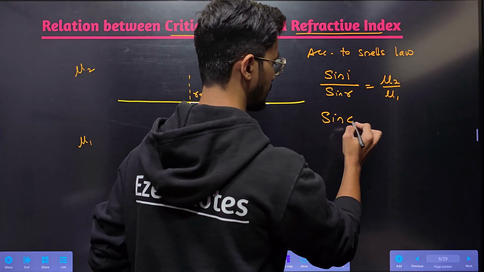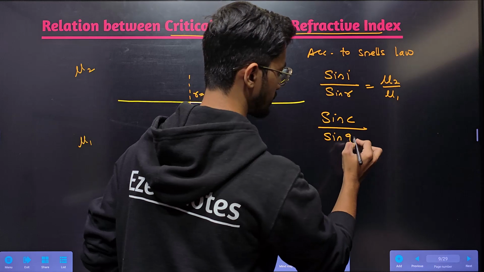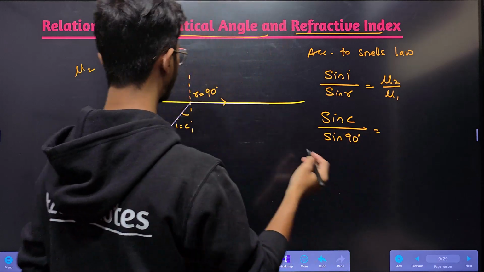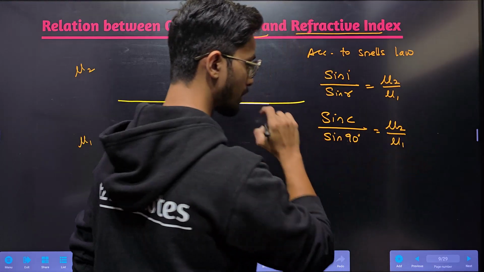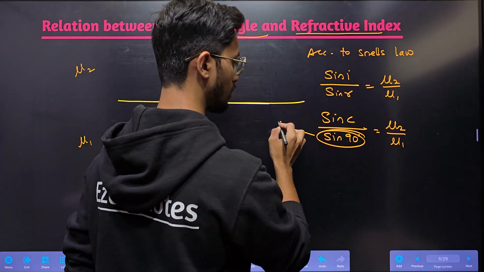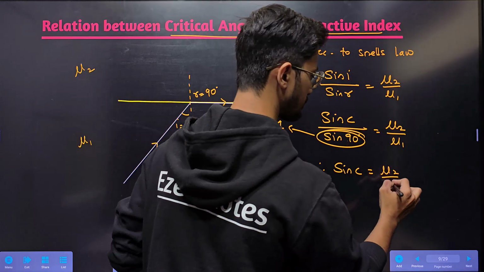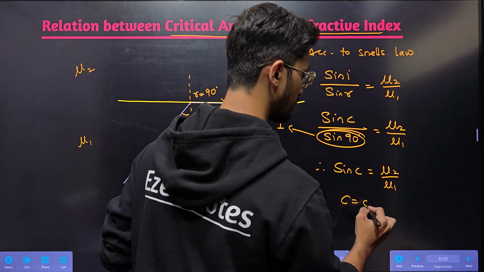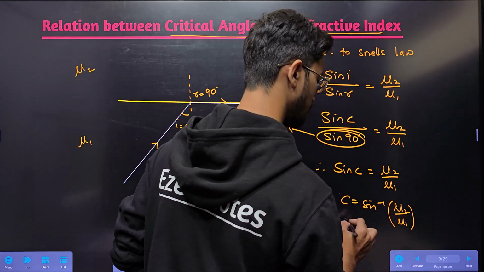Sin i is sin C, since i is nothing but C. Sin r is sin 90 degrees, which is equal to mu2 by mu1. Sin 90 is how much? It is 1. Therefore, we can say that sin C is equal to mu2 upon mu1. So C will be equal to sin inverse of mu2 upon mu1.